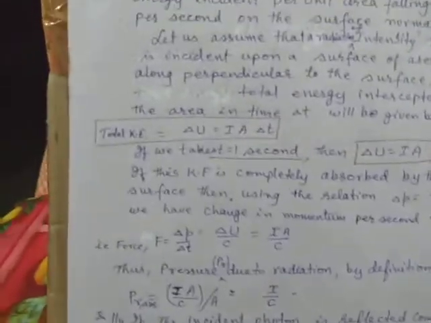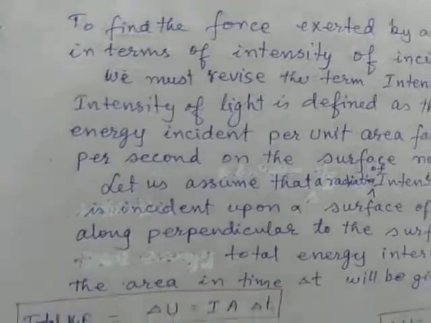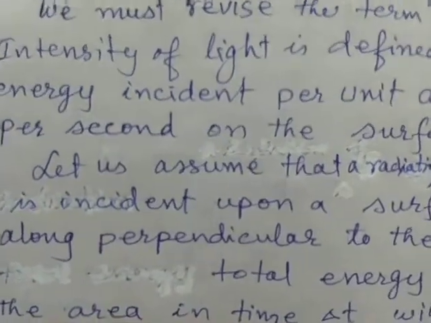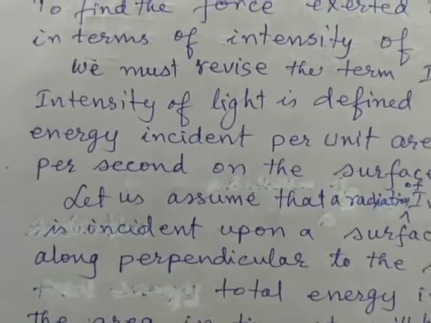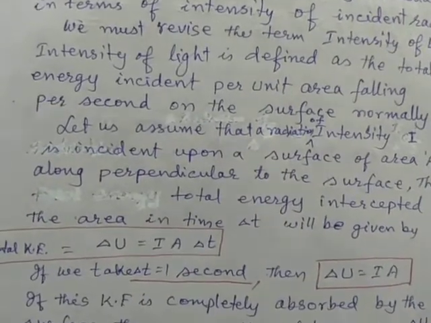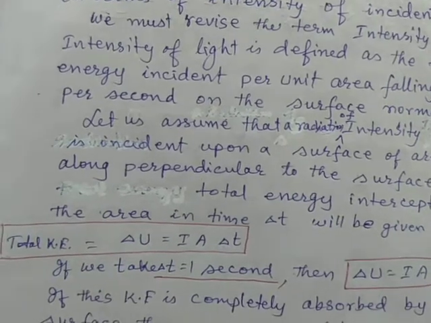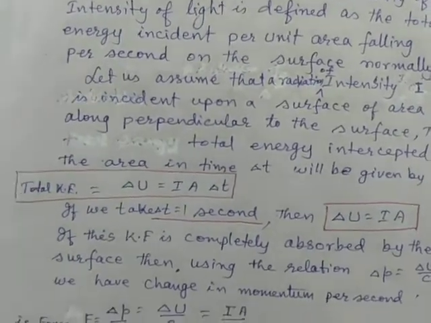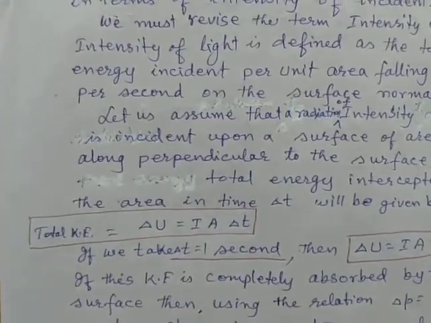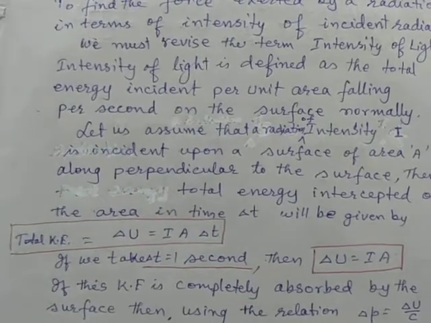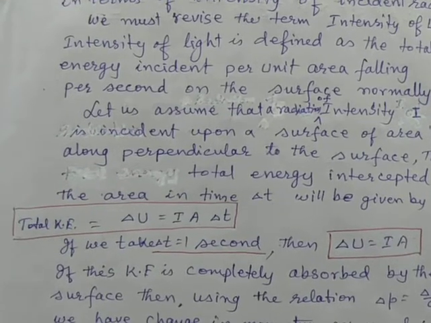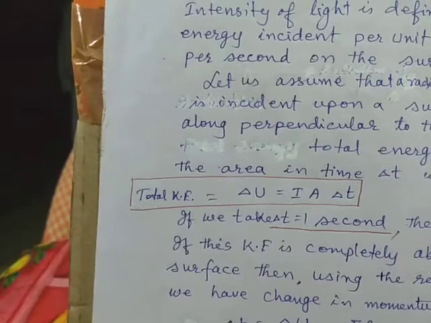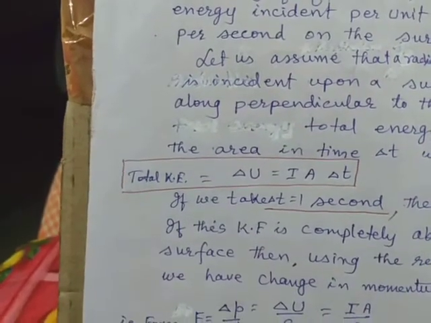We have already derived the relation for the total force exerted by radiation, and now in terms of the intensity of incident radiation, we must revise and recall that the intensity of light is defined as the total energy incident per unit area falling per second on the surface normally, and if it is expressed by capital I, then if the light ray is incident upon a surface of area A and perpendicular to the surface, the total energy intercepted on the area in time delta t is delta U equal to I into A into delta t, where I is the intensity of light, A is the area, and delta t is the time.